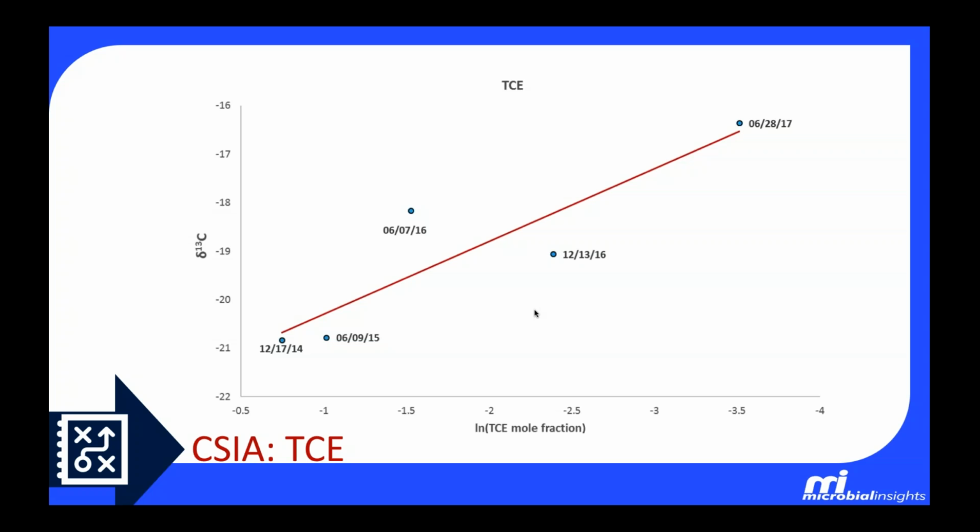Now notice as we move from the left to the right on our x-axis that we see our TCE mole fraction decrease and our delta value increase. In fact, we certainly see the delta value increase by more than 2 per mil. So based on the CSIA guidance documentation provided by the EPA, this is clear evidence. We want at least a 2 per mil shift. We have far more than that with what we're seeing here in the data over time. So we can conclude that degradation is occurring.